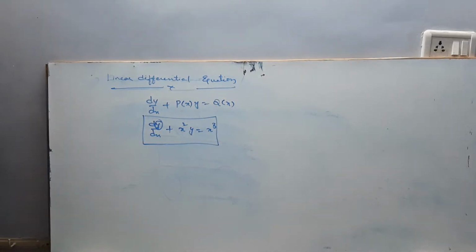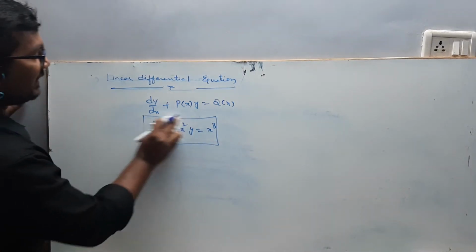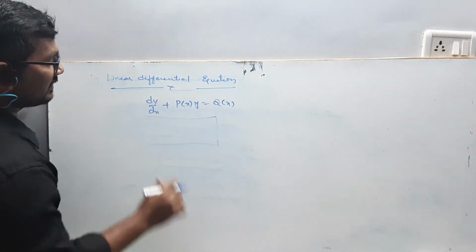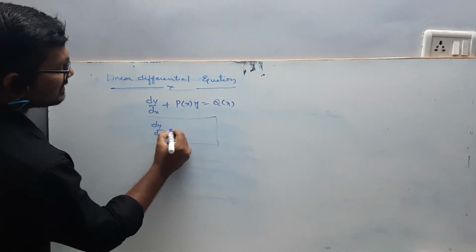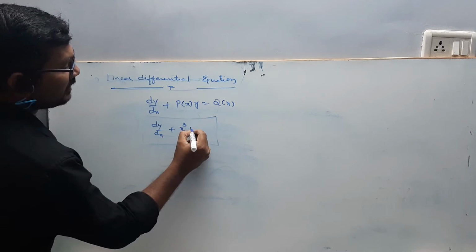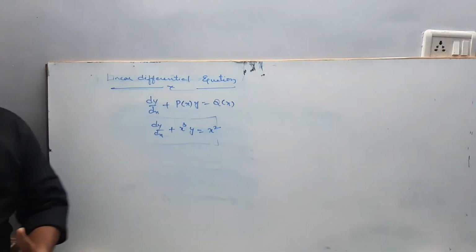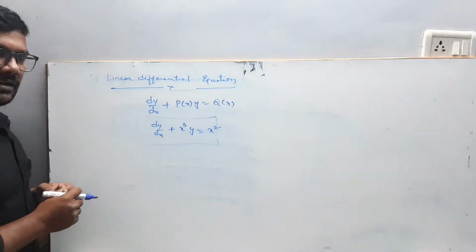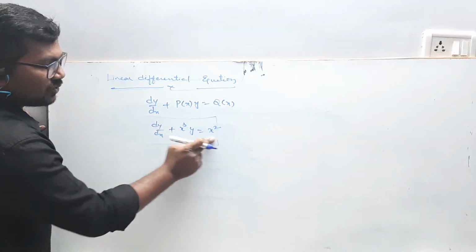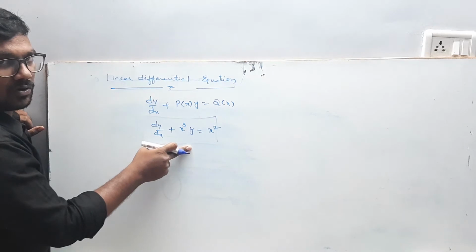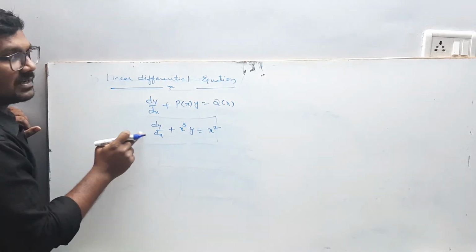One more take: dy by dx plus x cube into y is equal to x square. dy by dx is there, and y appears only one time, so it is a linear differential equation.